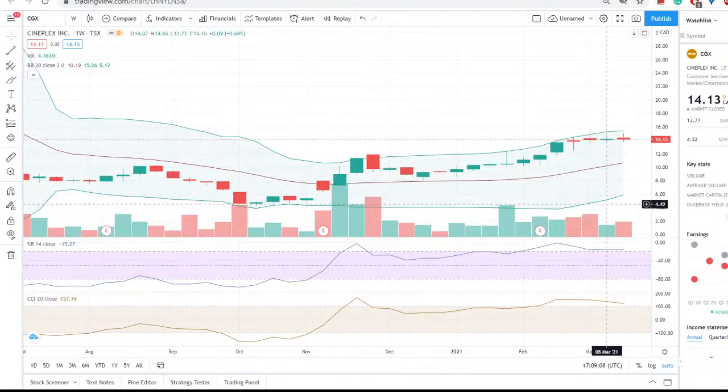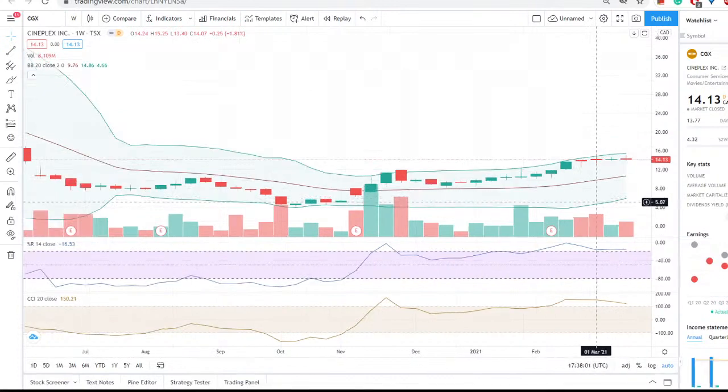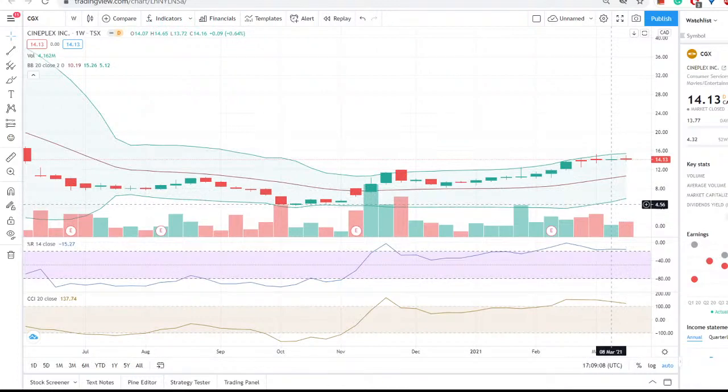Not 4.5, but 5 definitely. So you should be ready with it. If it comes to 5, pick up truckloads because it's a very strong script.